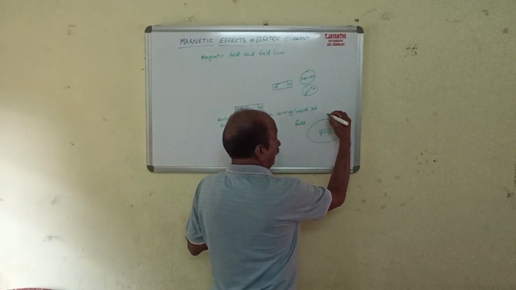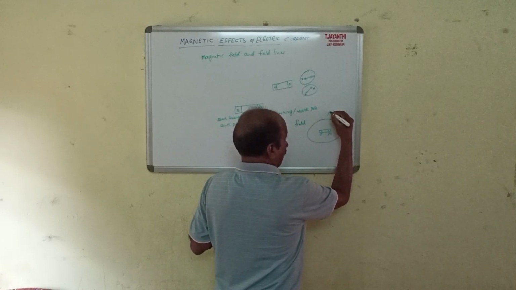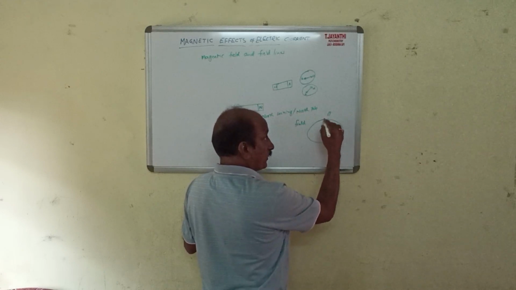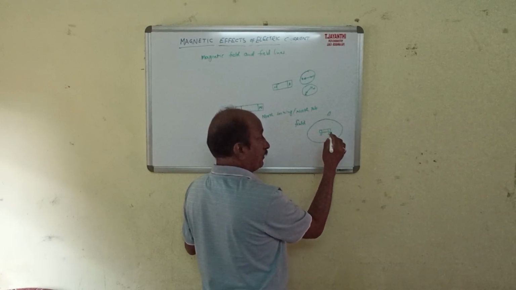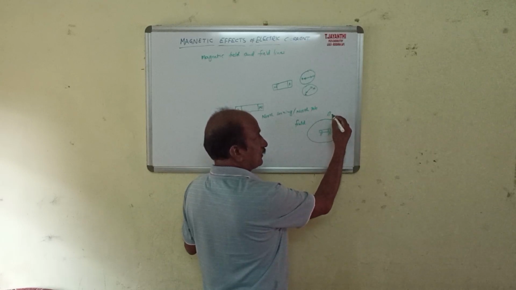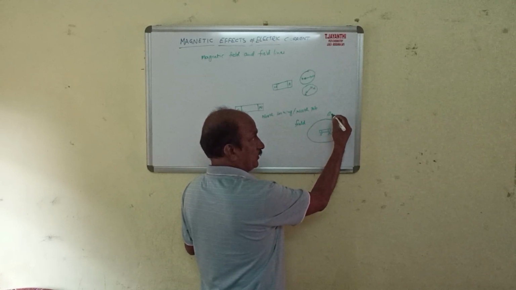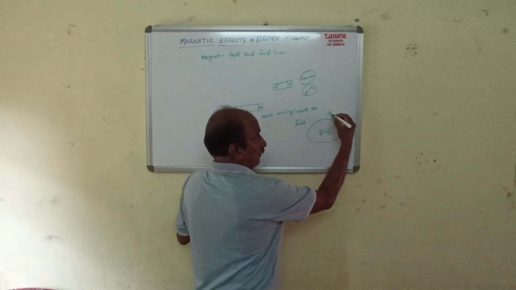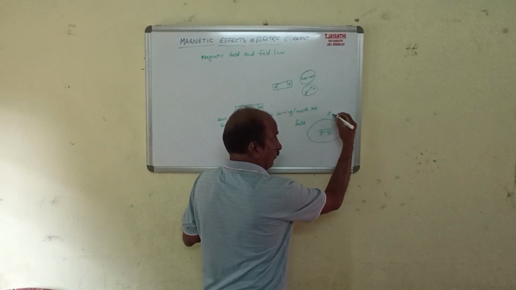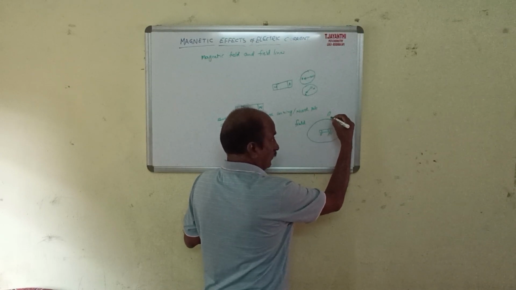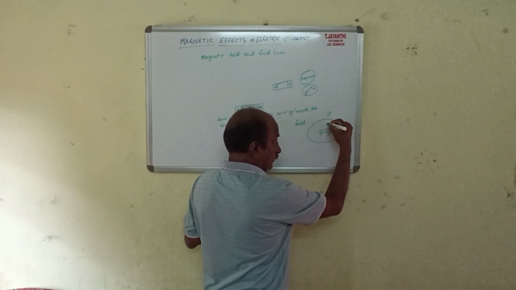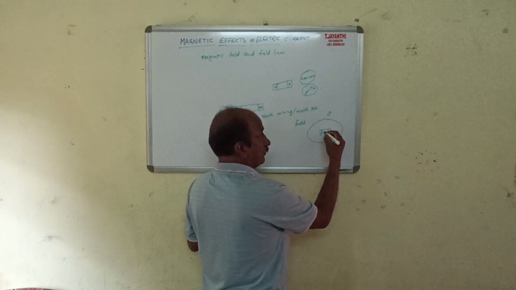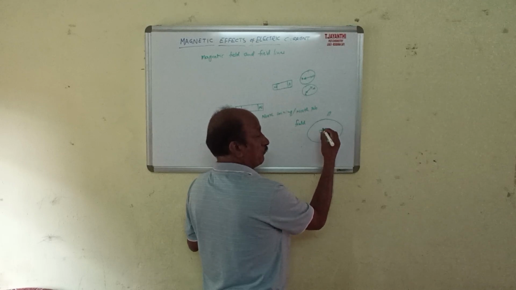For example, if we keep a safety pin outside the boundary, outside the field line, then the magnet has less influence to attract it towards it. But once this safety pin or a ball pin is brought into the field line, it gets automatically attracted by the magnet.